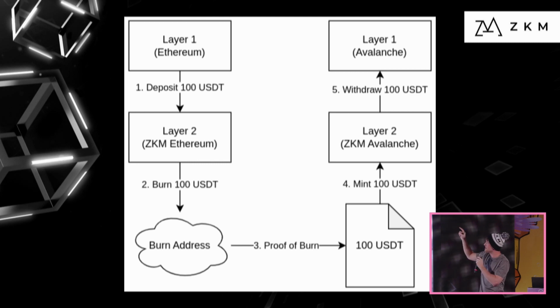So in this case, you can deposit to the Ethereum blockchain and then navigate it and put it into the ZKM blockchain, or into the Avalanche layer 2. So in this way, you can transport liquidity very easily. You might not be able to withdraw to the layer 1, but you're still able to, let's say, if you're a VC, you're always looking at different narratives.